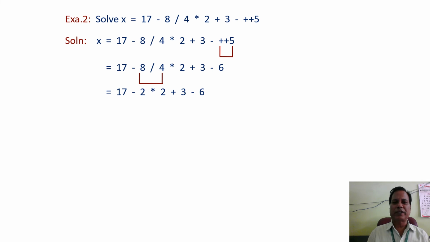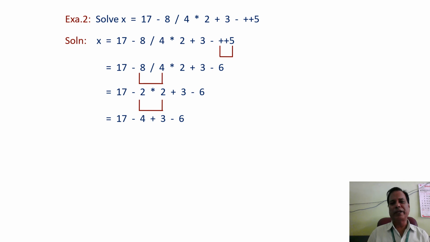So our next expression becomes 17 minus 2 into 2 plus 3 minus 6. So again 2 into 2 is solved first as multiplication has higher priority than the others. So 17 minus 4 plus 3 minus 6.